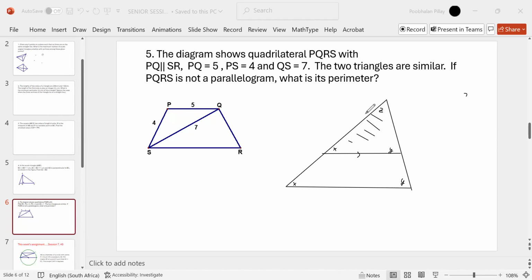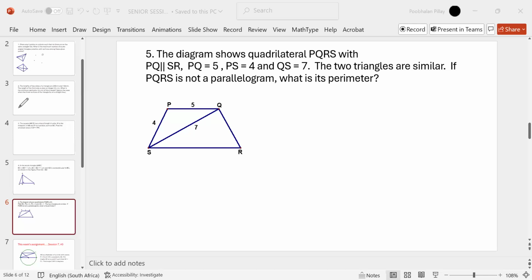Actually, you'll have that this over the whole thing equals this over the whole thing, because this is a side in the small triangle, and this is a side in the large triangle. So the sides are in proportion. This, which is opposite angle y, over the whole thing, which is opposite y in the large triangle. So this piece over the whole piece is the same as that over the whole piece. That's also a useful thing. I had to tell you that because we'll be using that just now to solve this problem.